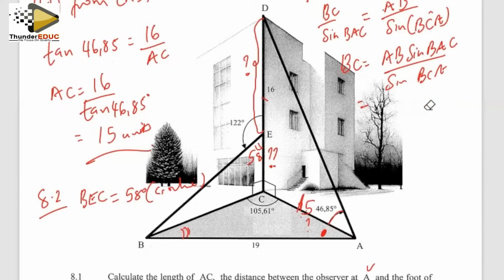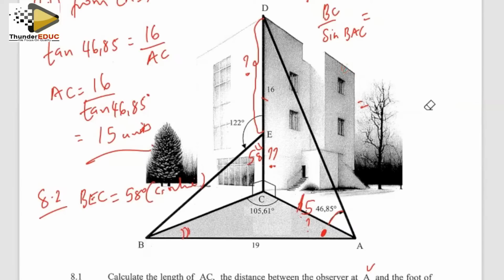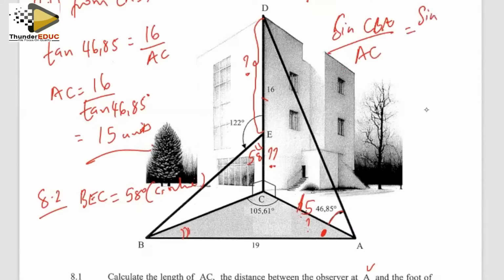Okay, so let's do this. I'm sorry for that. I'm going to use the same triangle, but let me use AC. Now I'm going to say the sine of CBA over AC should be equal to the sine of BCA over AB.